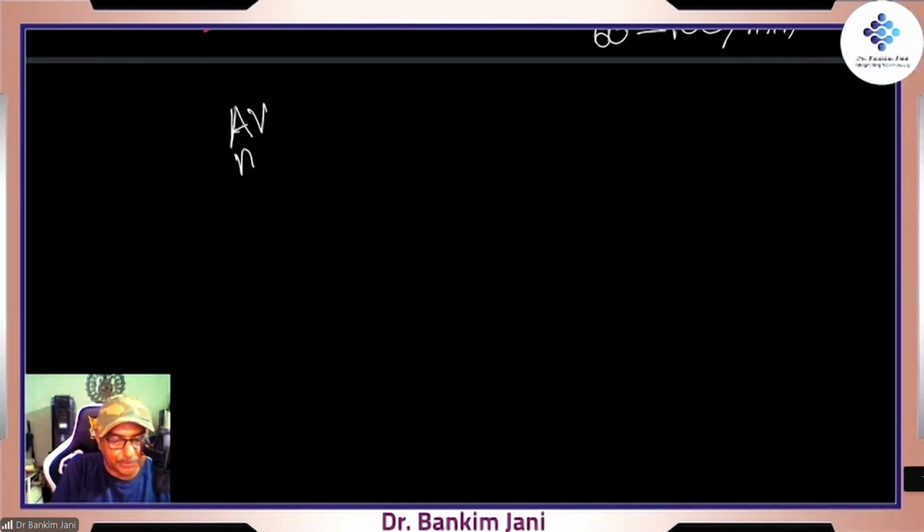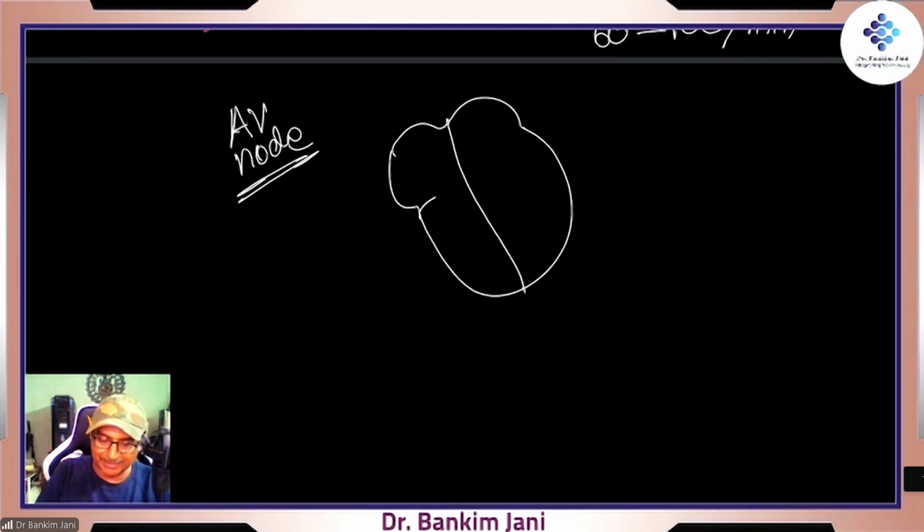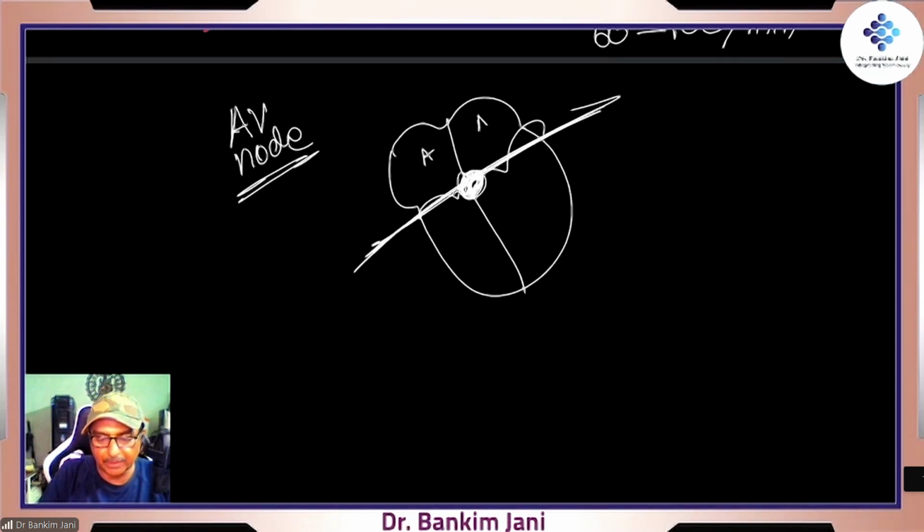AV node is the atrioventricular node. The specialty of the AV node, as you would know if you have attended previous lectures, is that we used to say multiple times that the AV node is the only window between the upper heart and the lower heart. I repeat, this is the upper heart, atria, and this is the lower heart, ventricles, right and left. Basically, the heart is divided into two parts, upper heart and lower heart.